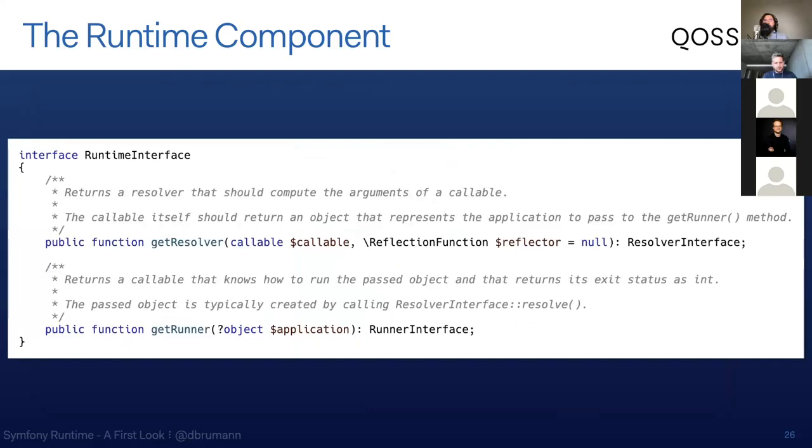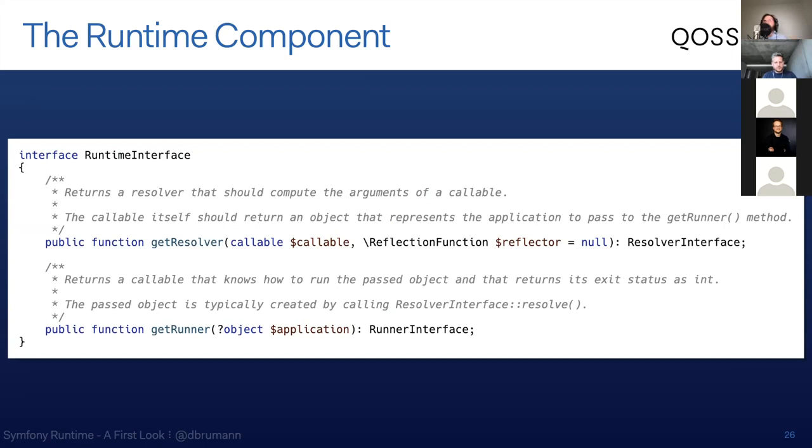And sorry, the runtime itself has this interface. So basically what will extract your callable, and then run that callable, that is your runtime. And it has two steps: the get resolver, which gets your callable and then gives you back the resolver for that callable.